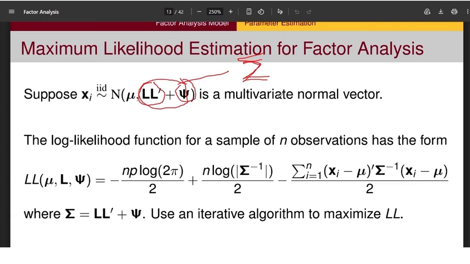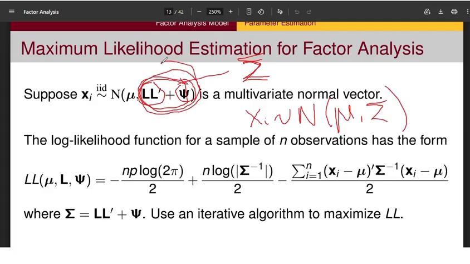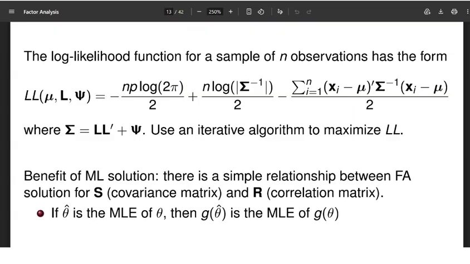So instead of me just writing x follows a normal with mu and the covariance, I'm telling the world the covariance is that, which comes from the factor model, where the covariance has been split into communality and uniqueness. That is what I'm going to put into my multivariate normal distribution.